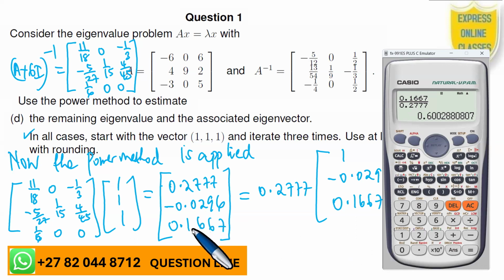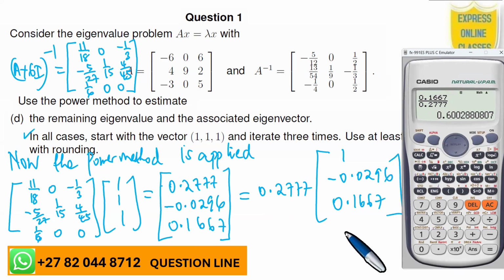If you divide this one, the 0.1667 by the 0.2777, you get approximately 0.6. Yeah, so I'm going to change this one, which is 0.600.